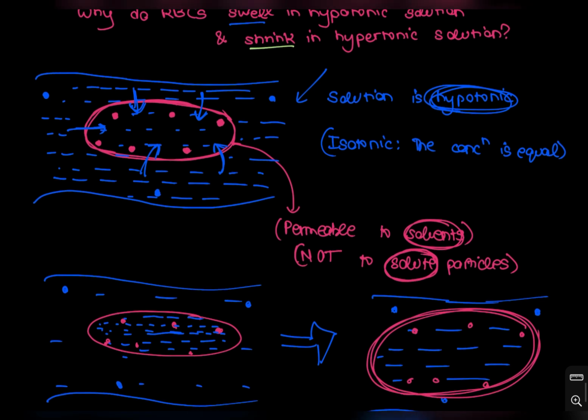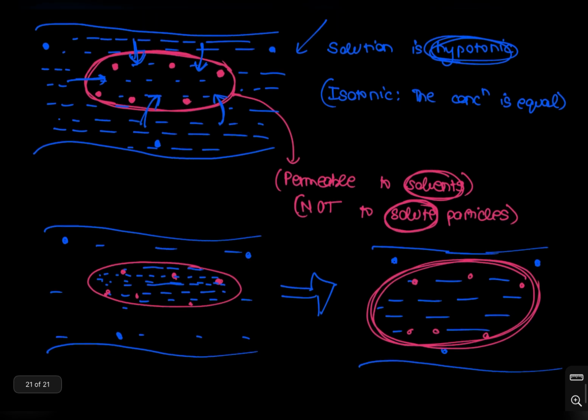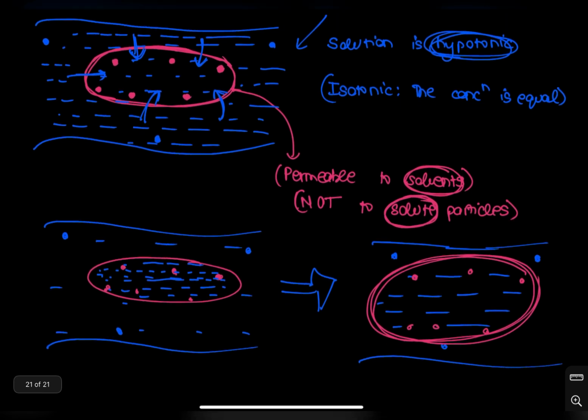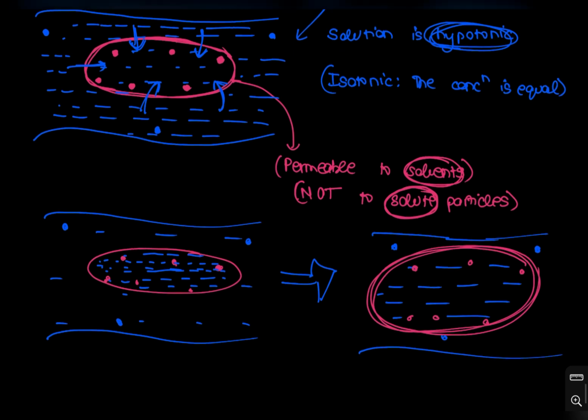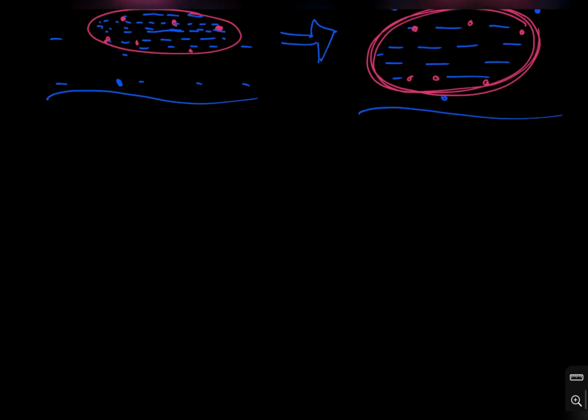It is to maintain the isotonicity where the membrane is not permeable to solute particles, but it is permeable to solvents. Now, if you have understood that, it is quite easy to understand why they shrink in hypertonic solutions. So let's say this is the hypertonic solution, and this is the same old RBC that we had with a particular amount of solvent in it.